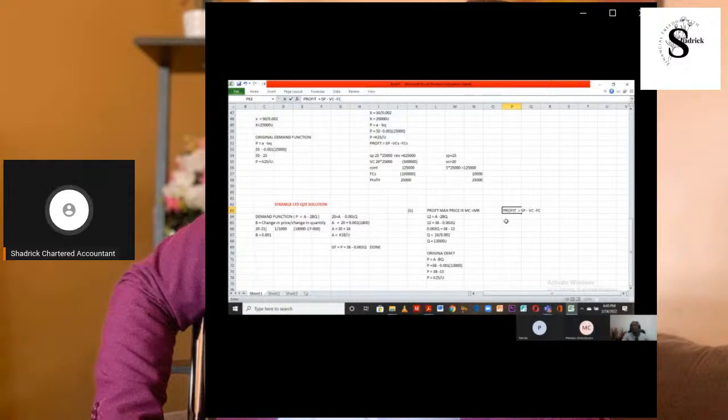We can work out our profit, right? You remember I said the profit is equal to selling price minus variable costs, then minus fixed costs, and profit.